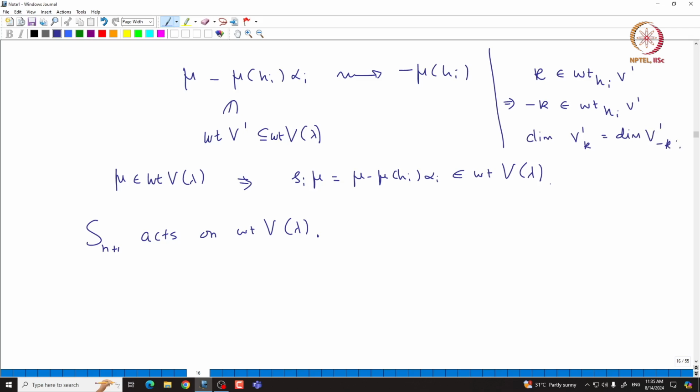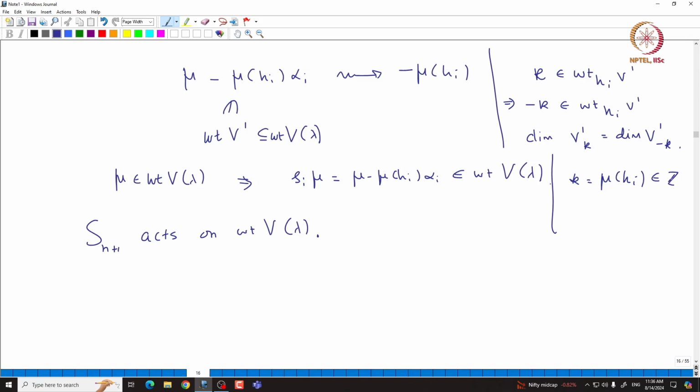So, this is true for all finite dimensional representations of SL2. In particular it is true for V dash. But again, using a similar analysis, you can see that this space must be what? So, if I take k to be mu of HI, so mu of HI can be both positive and negative. Okay, it's not necessarily positive.